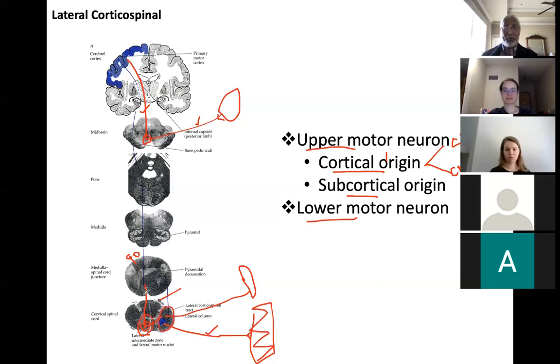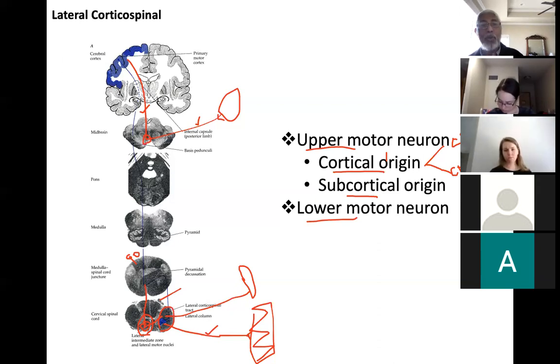Okay, now if you look from the cortex all the way to the muscle, we say there are two neurons involved. One neuron will bring the signal from the cortex either to the cranial nerve nucleus, we call them corticonuclear fibers, right? Or they will start from the cortex all the way down to the spinal cord, we say corticospinal fibers.